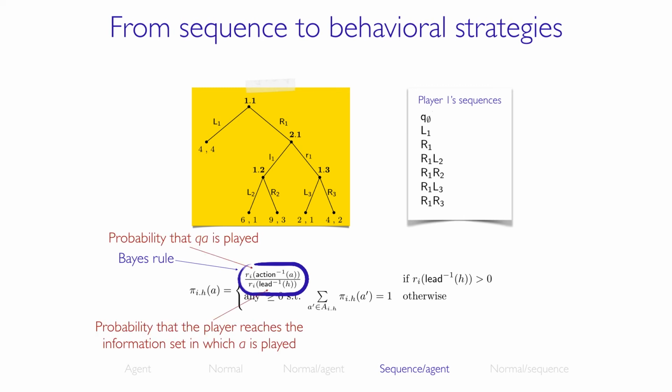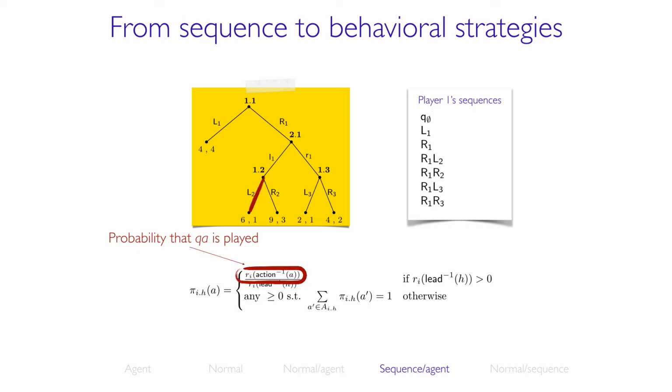Suppose that we want to find the behavioral strategy of an action A that is realization equivalent to a given realization plan. In the numerator of the Bayes rule, we have the probability that the sequence terminating with action A is played. In the denominator, we have the probability that the player reaches the information set in which A is played.